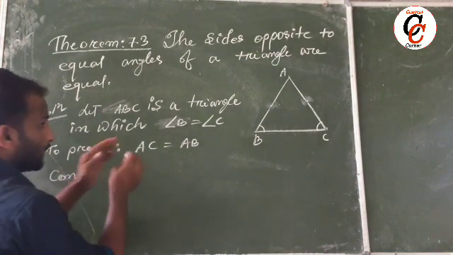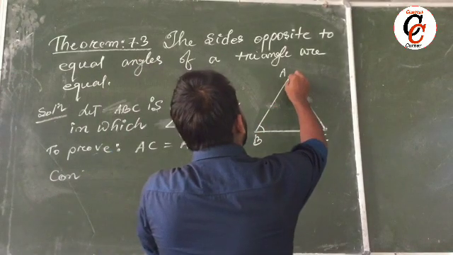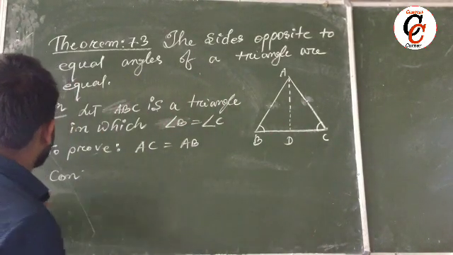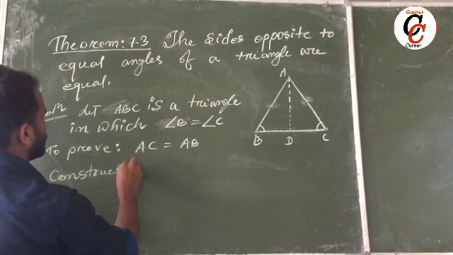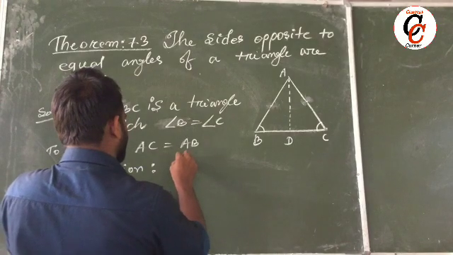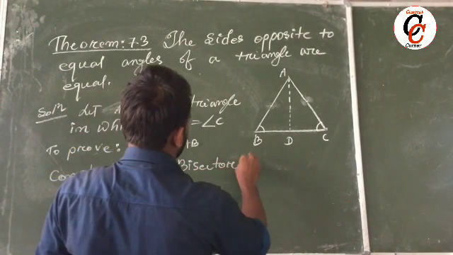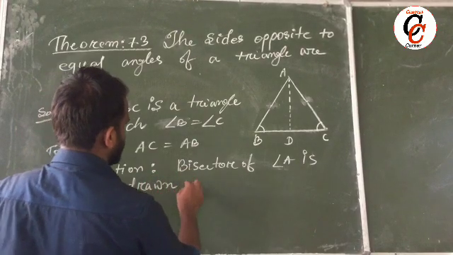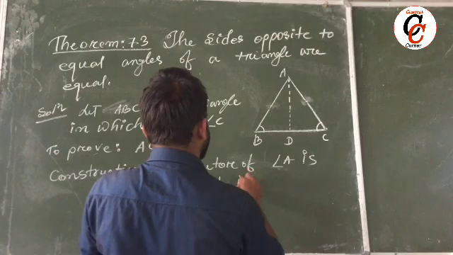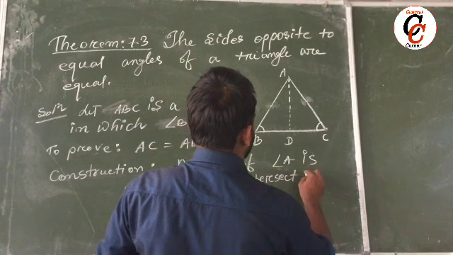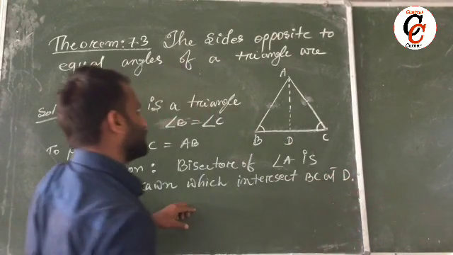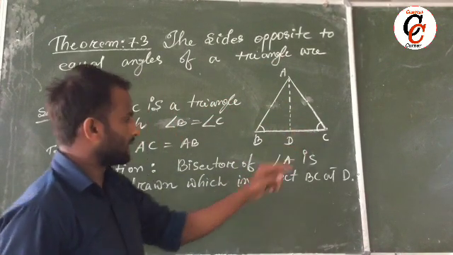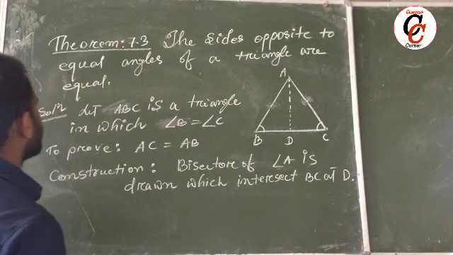We constructed an angle bisector of angle A. So we construct a bisector of angle A. Suppose it intersects the side BC at D. Construction: the bisector of angle A is drawn which intersects BC at D. So AD is the bisector of angle A which intersects the side BC at point D. This is the construction.